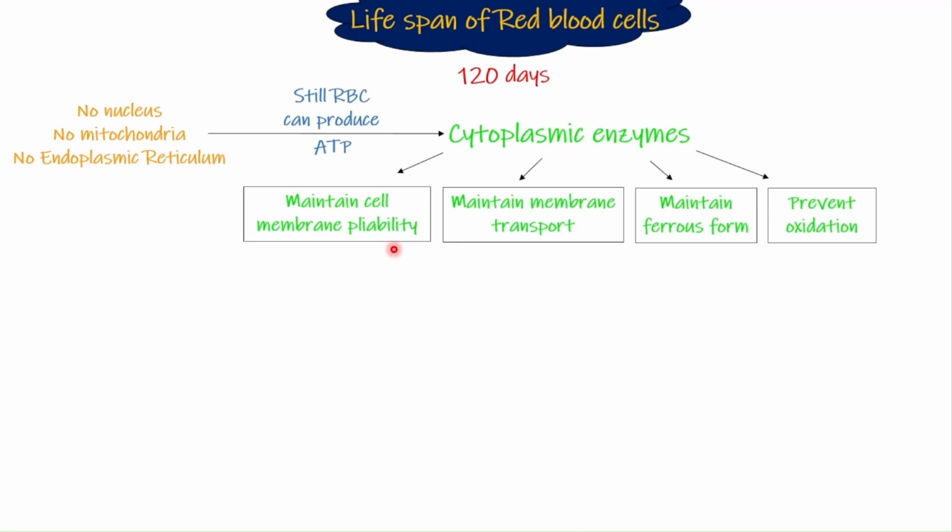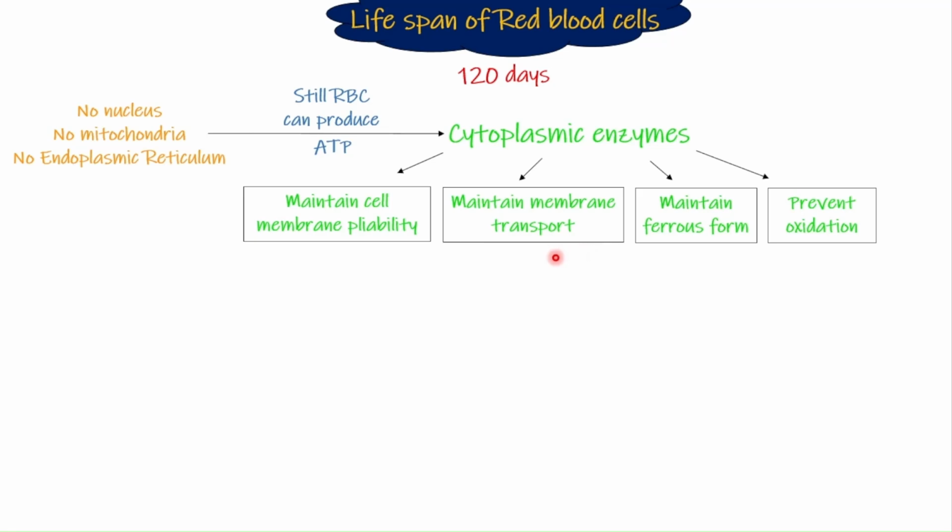The RBCs have a biconcave disc structure, and the cell membrane is much more as compared to the content inside the RBCs. Therefore, this cell membrane and its pliability and flexibility allow the red blood cells to squeeze through any small opening.